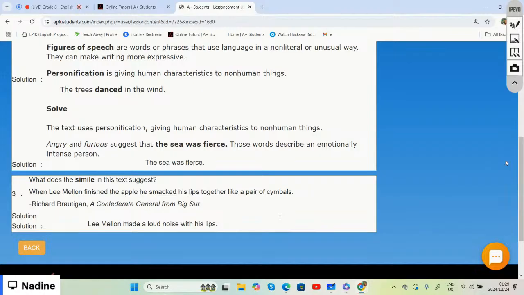A simile is also a figure of speech, and it basically compares one thing to another thing, and we use the word like or as.